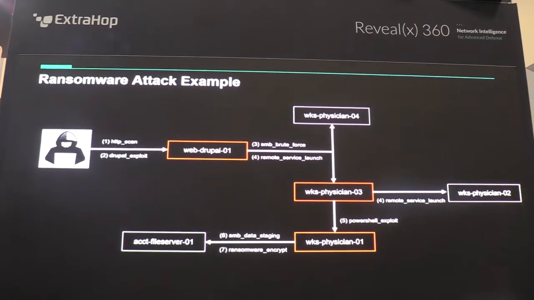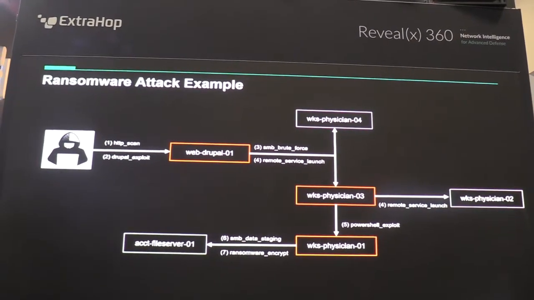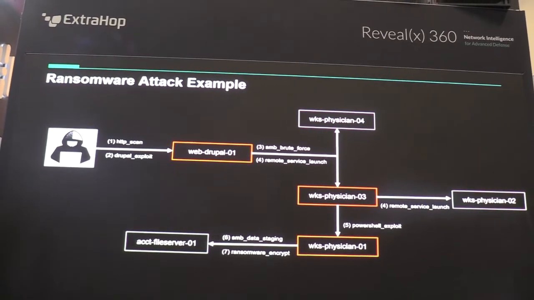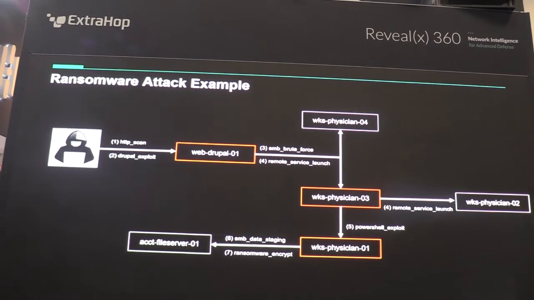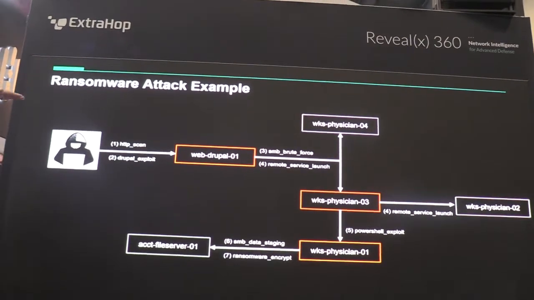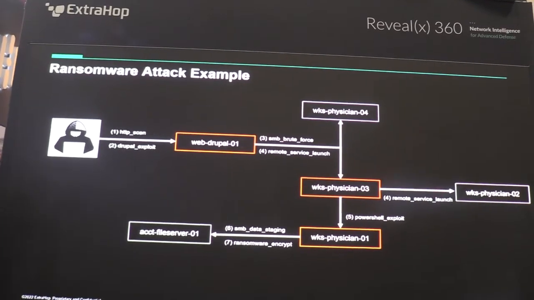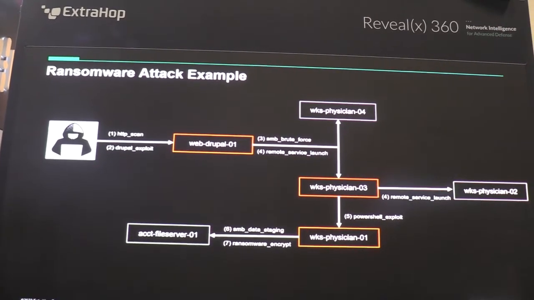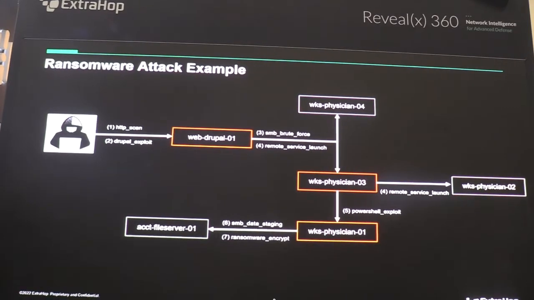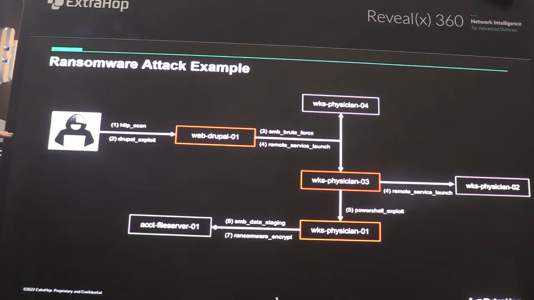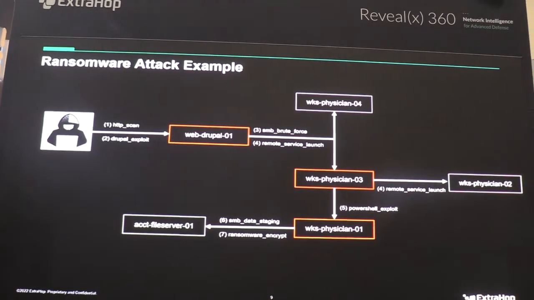Once that web server has been compromised, his attack reaches out laterally within the enterprise. We use a variety of different techniques to move from one device to another. That's all the little red circle boxes there. The end game in this particular attack is a classical encryption ransomware. Workstation Position 1 kicks off a ransomware encryption routine and encrypts all the data on our accounting file server.